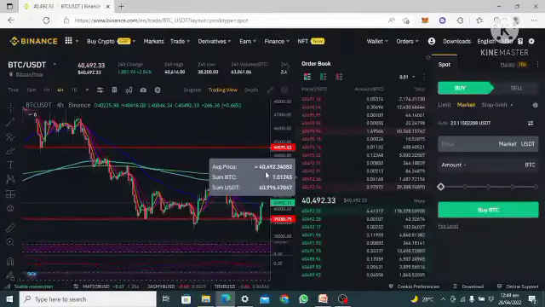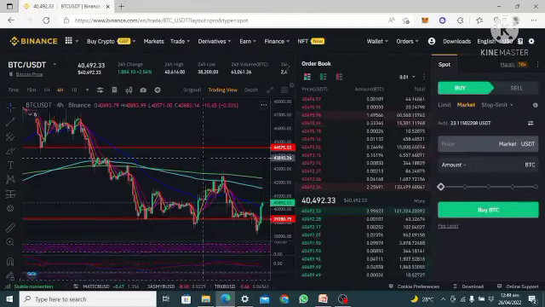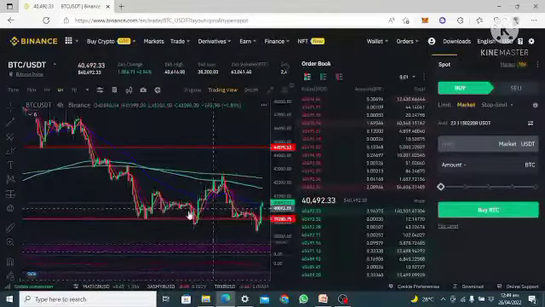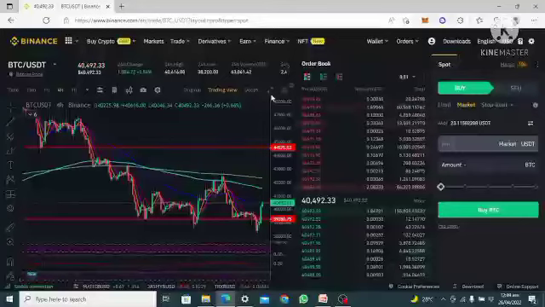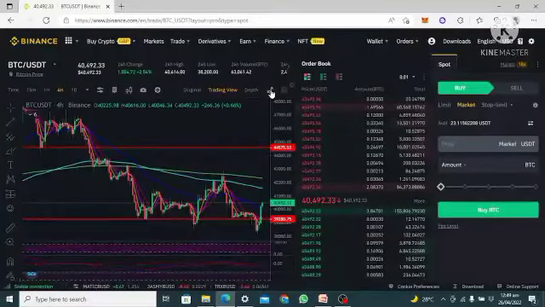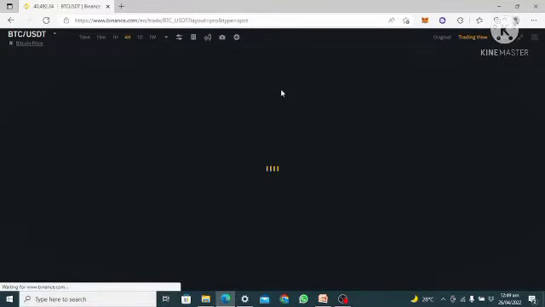So now let's talk about some simple strategies on how to go about a trade. So now we can say the market is sitting at this particular place. Let's give it a wide screen. Sorry, just give it a little bit of time to load up.